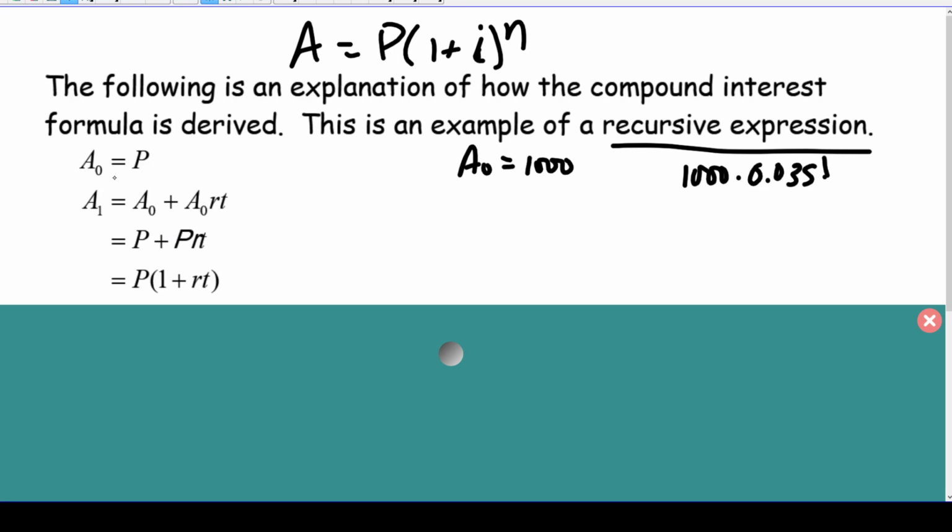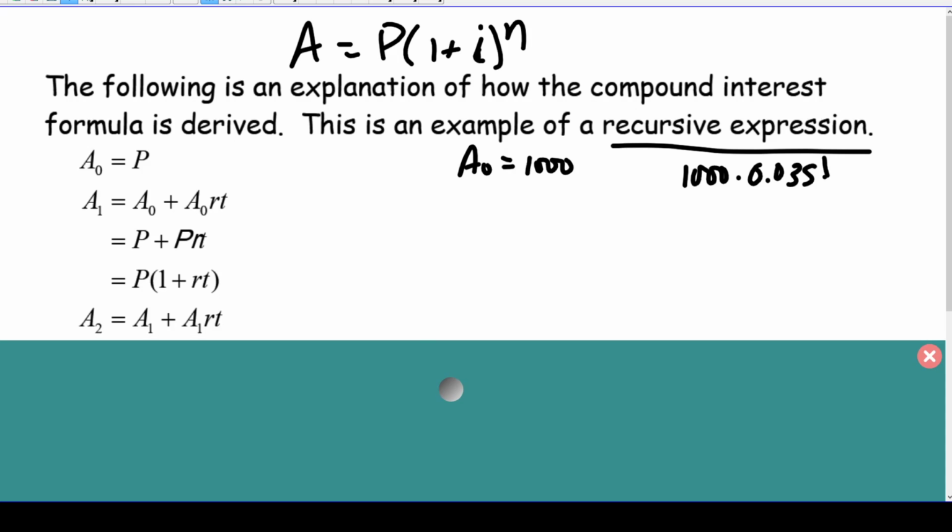But notice the recursion. To calculate A1, I needed to substitute A0. That's what recursion is, right? Using a previous equation to calculate a new value for that sequence. Well, what about A2? Doesn't A2 require A1?